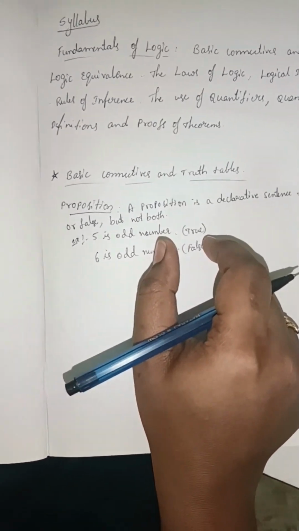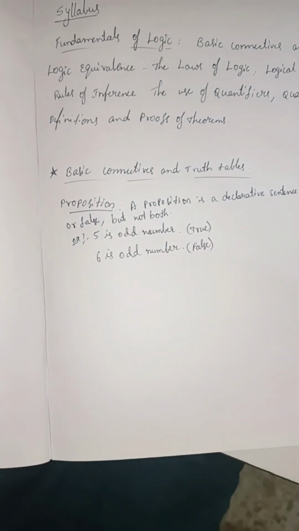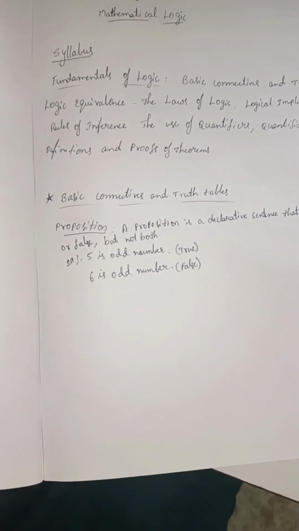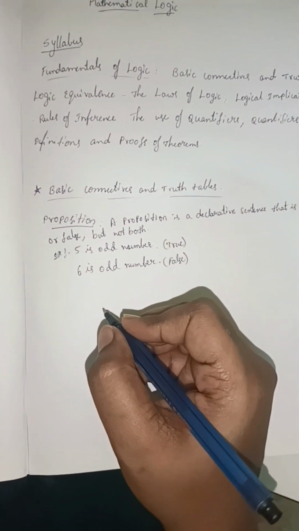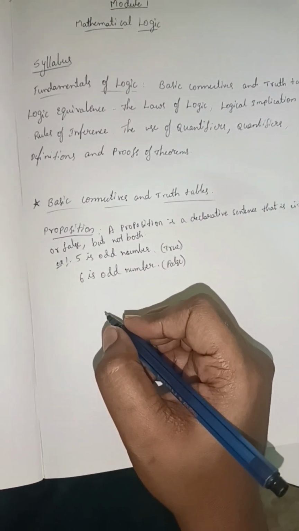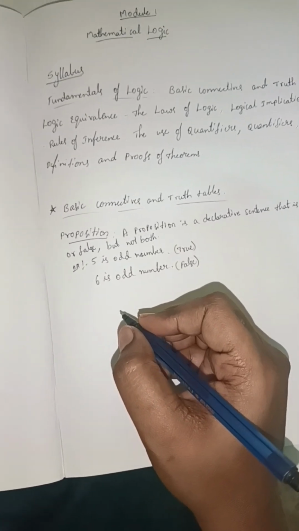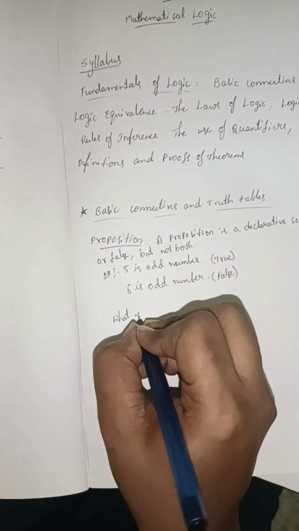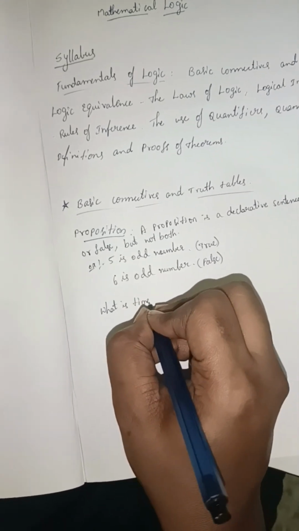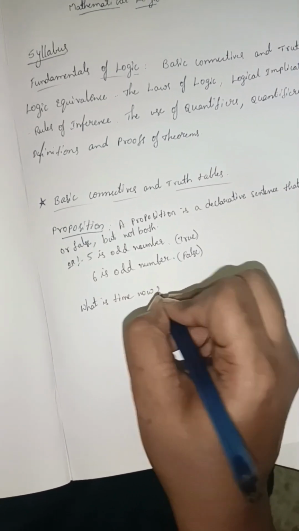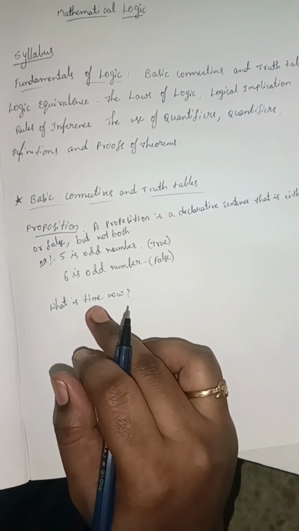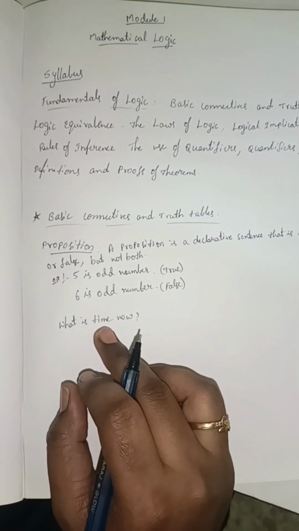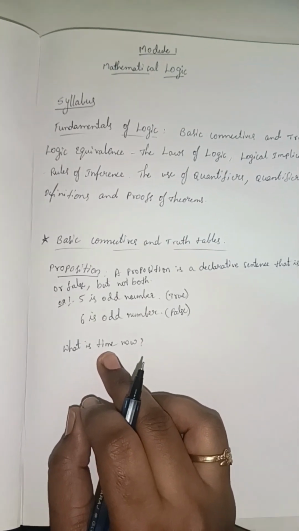Then, which are the non-proposition sentences? I tell you. What is the time now? How do you define this one, true or false? So this is not a proposition.